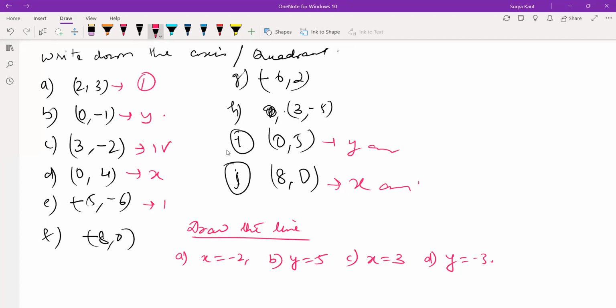This one is the third quadrant. This is the y-axis, this is the x-axis. This one is minus 6 comma 2, that is your second quadrant. This is the fourth quadrant, right? Correct.